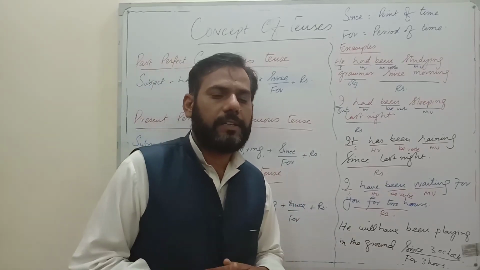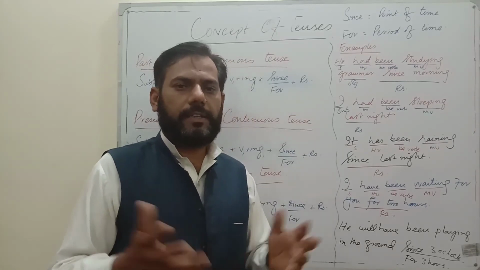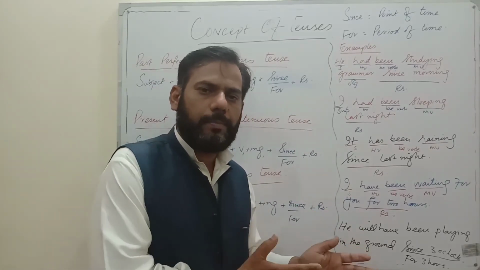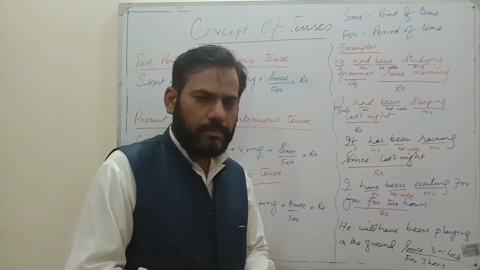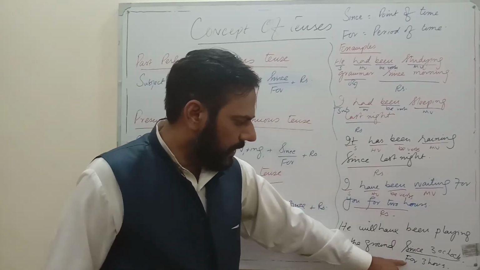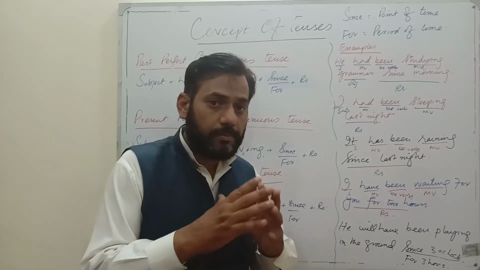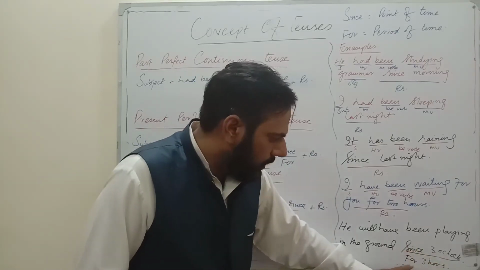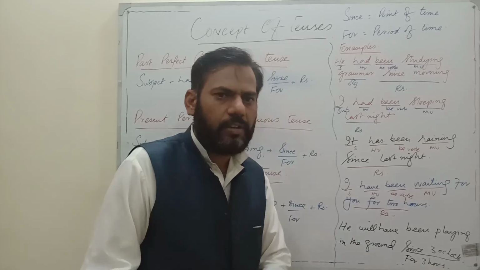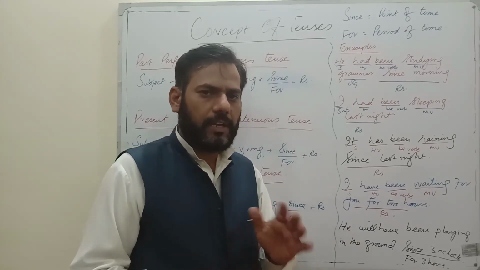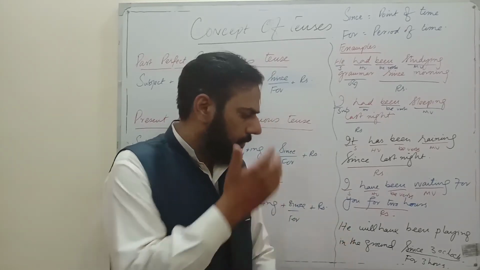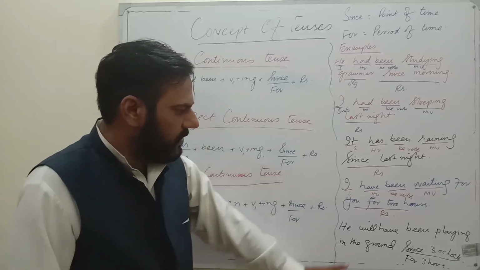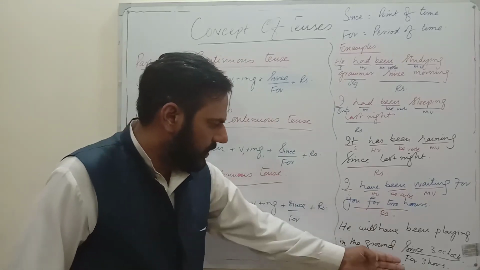Maybe he will have started at 3 o'clock, and this process will have been in progress, and it will finish before the other time. But when we mention for 3 hours, this is a duration of time. So look at since 3 o'clock, a specific time, but for 3 hours, because we are not very sure, okay, whether it is half past 3 or 3 or 2.5. So this is the difference between since and for.